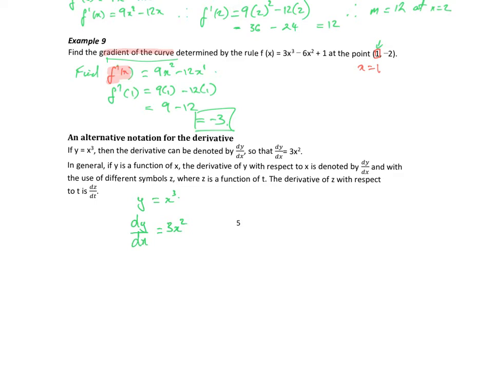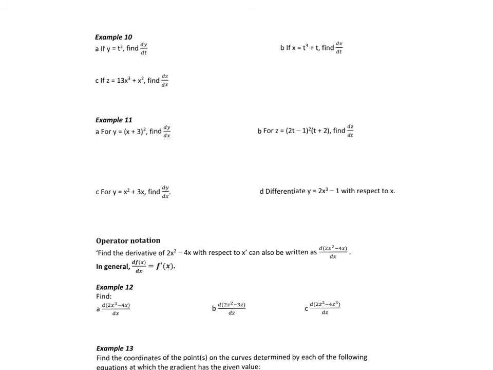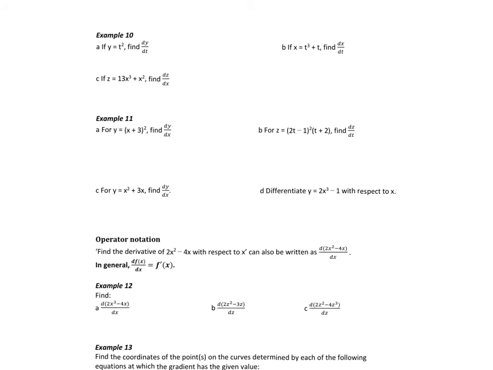And so then if we happen to have a derivative with z and t, we work out dz dt. All right. We just make this a bit bigger. So we can see there, if y is equal to t squared, well then the derivative is dy dt, and that's just equal to 2t.